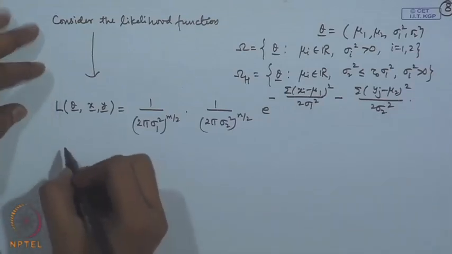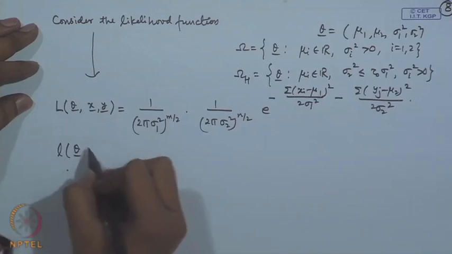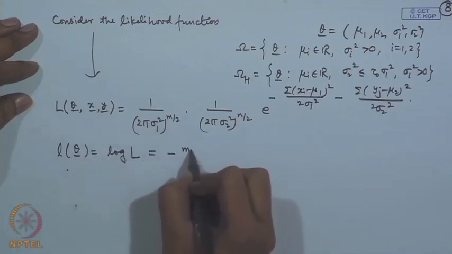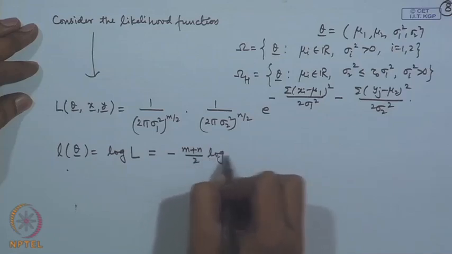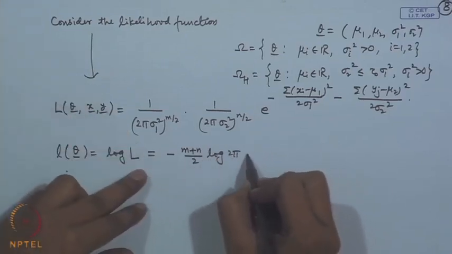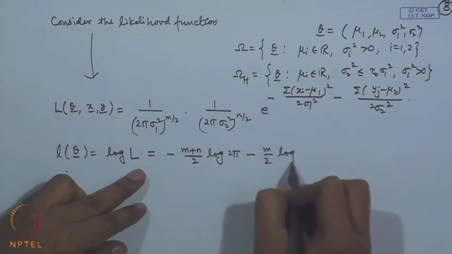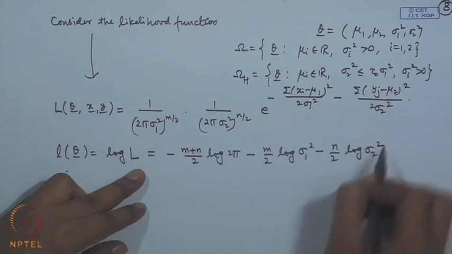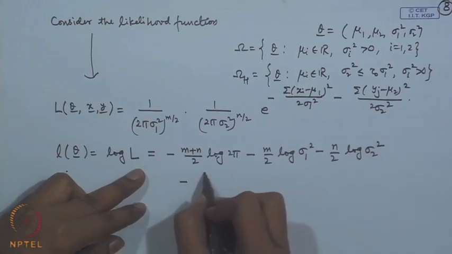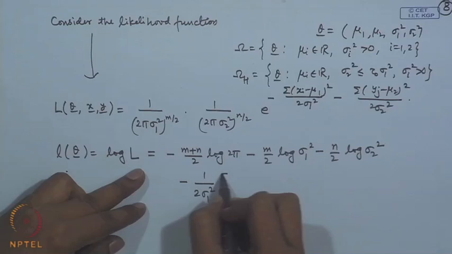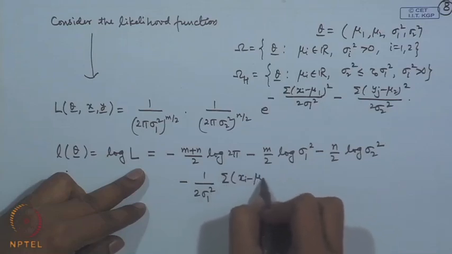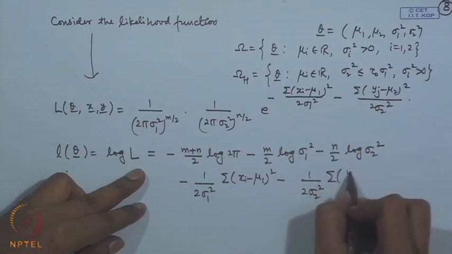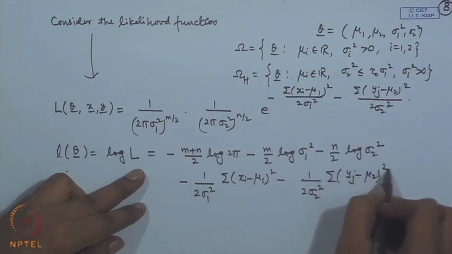So, we consider the log likelihood, that is equal to minus (m plus n) by 2 log of 2 pi minus m by 2 log of sigma1 squared minus n by 2 log of sigma2 squared minus 1 by 2 sigma1 squared sum of (xi minus mu1) squared minus 1 by 2 sigma2 squared sum of (yj minus mu2) squared.